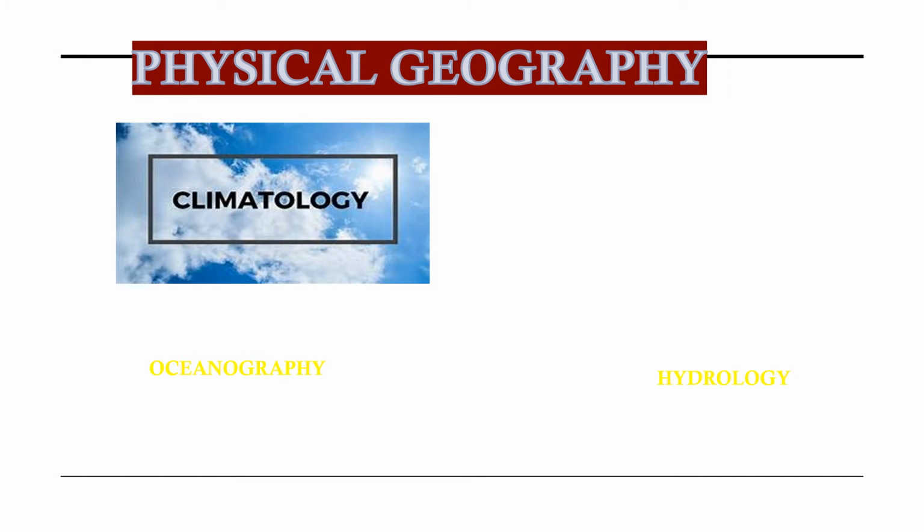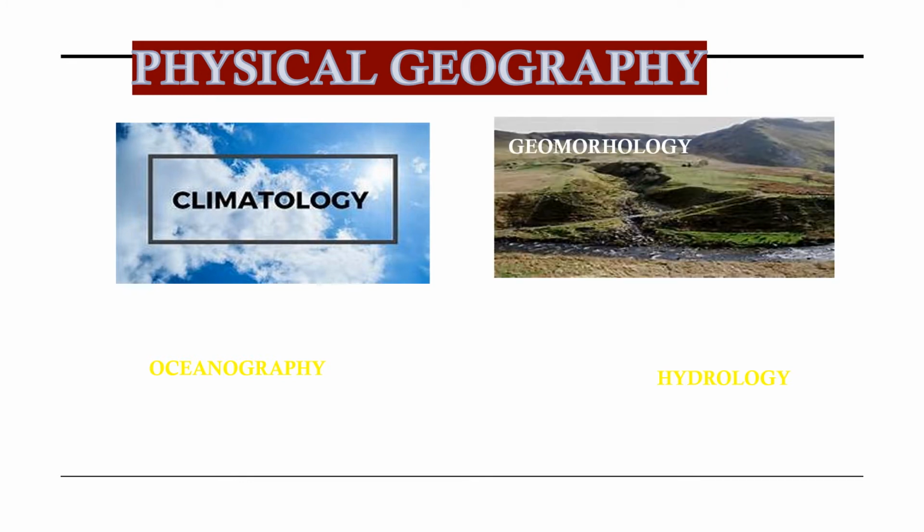Another subdivision we will look at is geomorphology. When we talk about geomorphology, let's dissect the word a bit. Now, geo has to do with the earth. When something is morphing, it is actually changing. We normally say the caterpillar morphs into a butterfly.